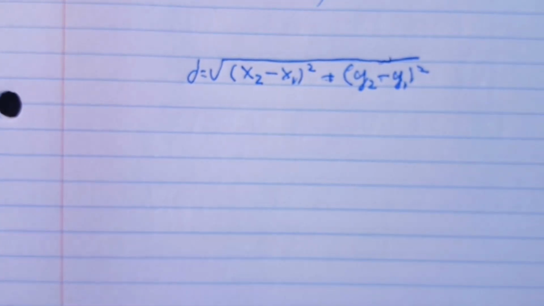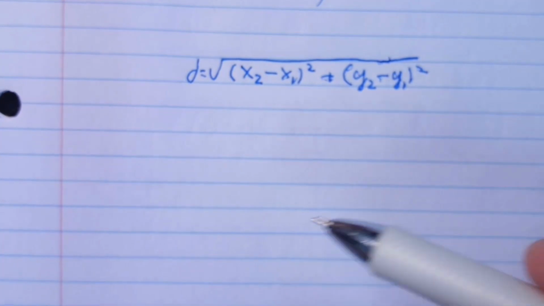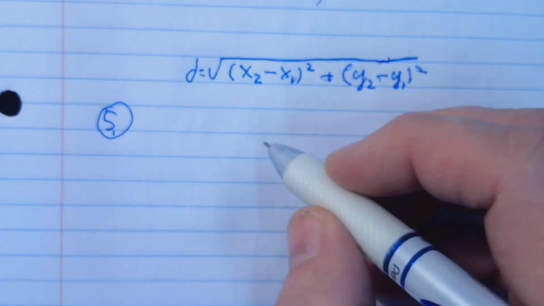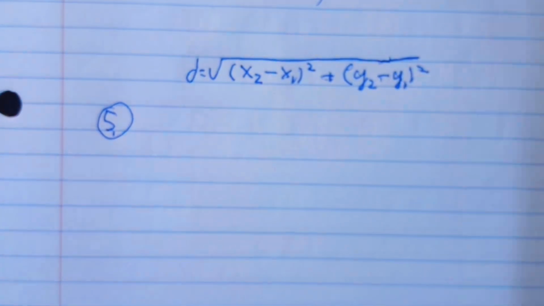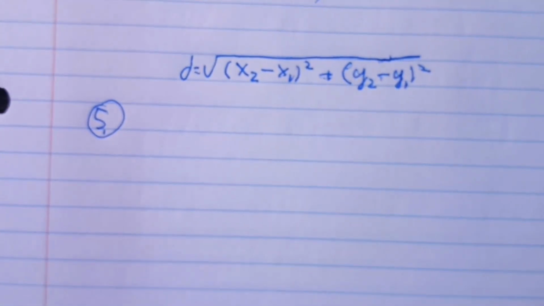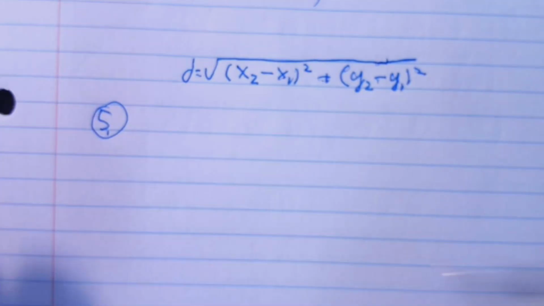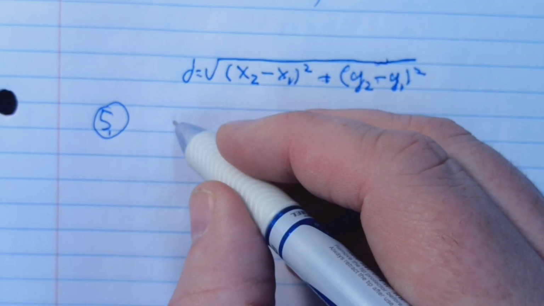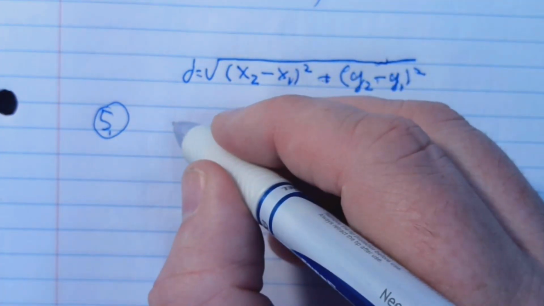All right, make sure you put this on your cheat sheet, and that's going to help you do number 5 on your stuff. So number 5 is going to be, let's see if I can put this in right. Because, of course, if you don't put it in right, it's not going to give you the same answer.